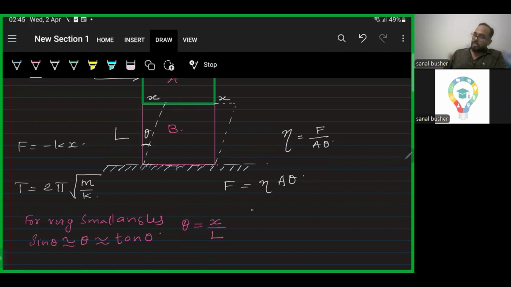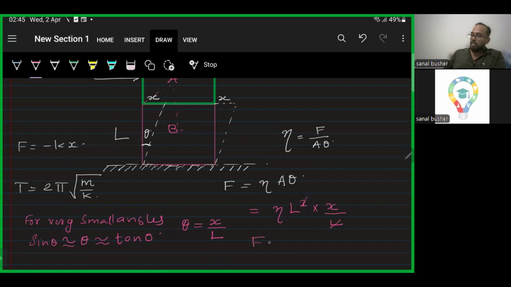So you check this one, eta into area of cross section. If you check this diagram, this is a cube, and this is the area where you are applying the force. So it will be L square into theta, which is X upon L. So this will get cancelled.